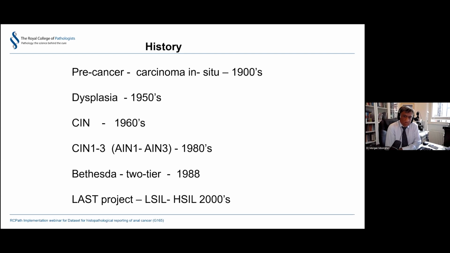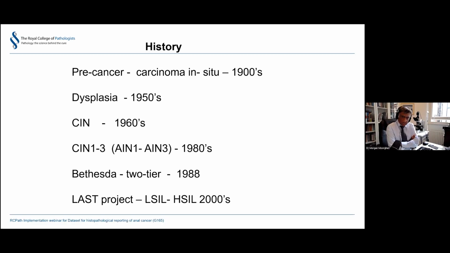In the UK, everybody was using the terms CIN 1, 2, and 3, or AIN 1, 2, and 3 in relation to precancer in the anal region or the cervix when it comes to CIN. At the same time, in America, the Bethesda classification was being introduced, and that came out in 1988. The feeling was that it should not be a 3-tier, it should be a 2-tier system.